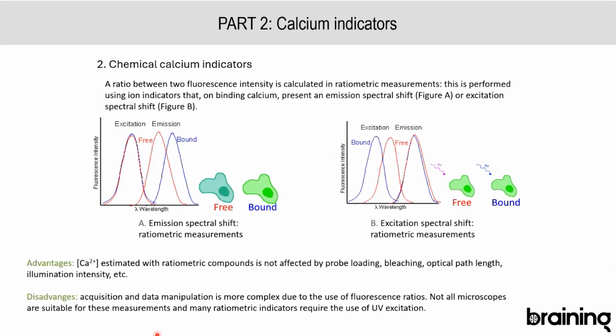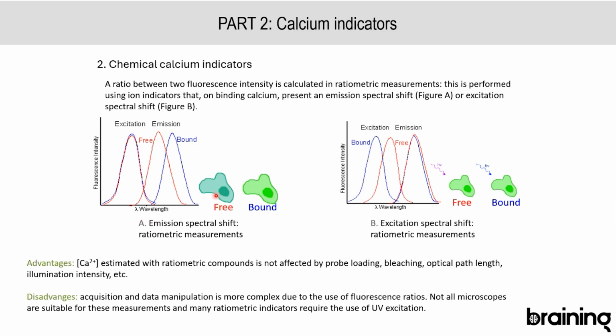So then we have these ratiometric dyes. Okay, so we have two different types of ratiometric dyes. We may have one wavelength that will excite the dye when it is free of calcium or bound to calcium.